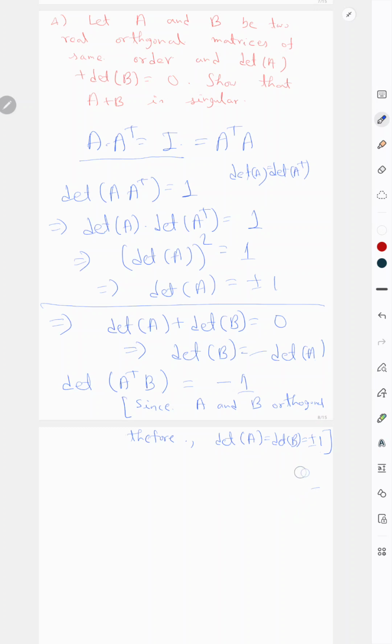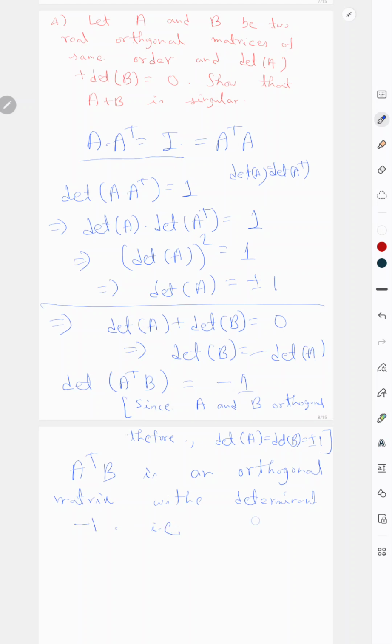Okay, so that is a property of orthogonal matrices: A transpose B is also orthogonal. You can easily check. Now A transpose B is an orthogonal matrix with determinant -1.